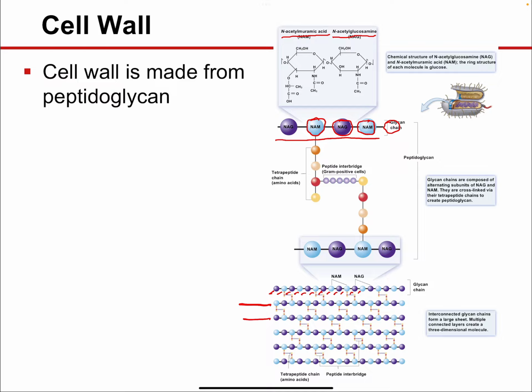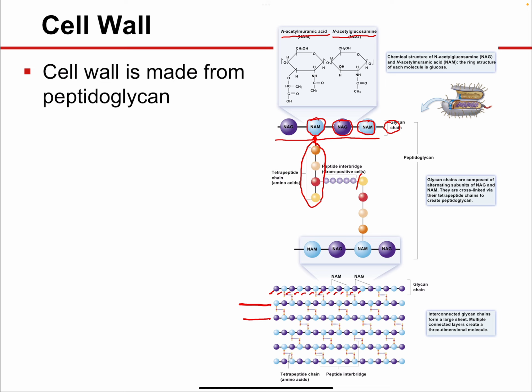Now, these two glycan chains are connected together through some amino acids. We have 4 amino acids right here that are connected to N-acetylmuramic acid, okay?